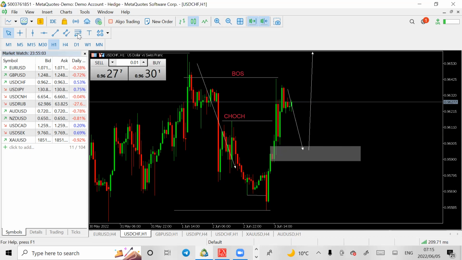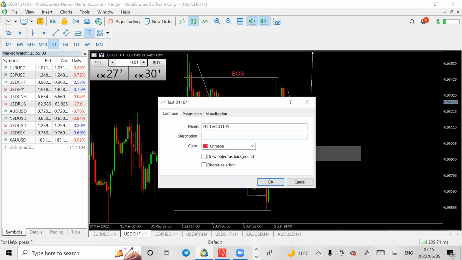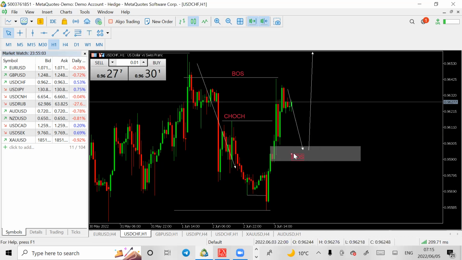Exactly. So this was the order block which influenced the break of structure. Actually, we also have another order block, this is another order block also.